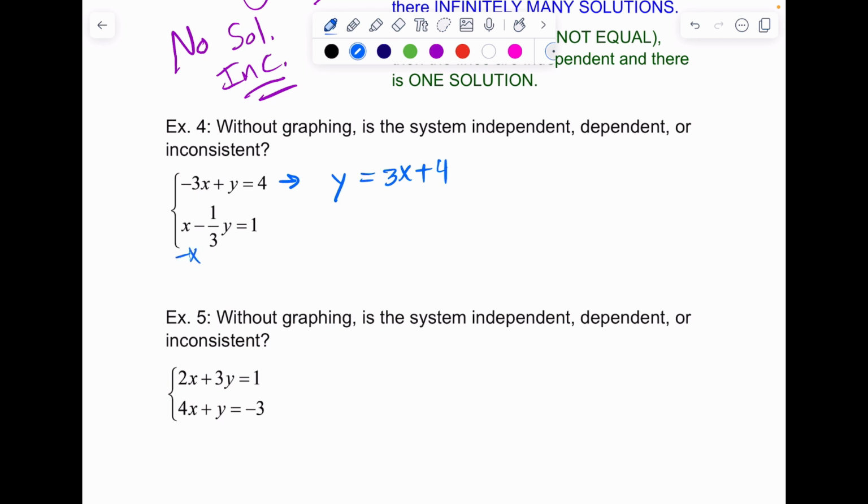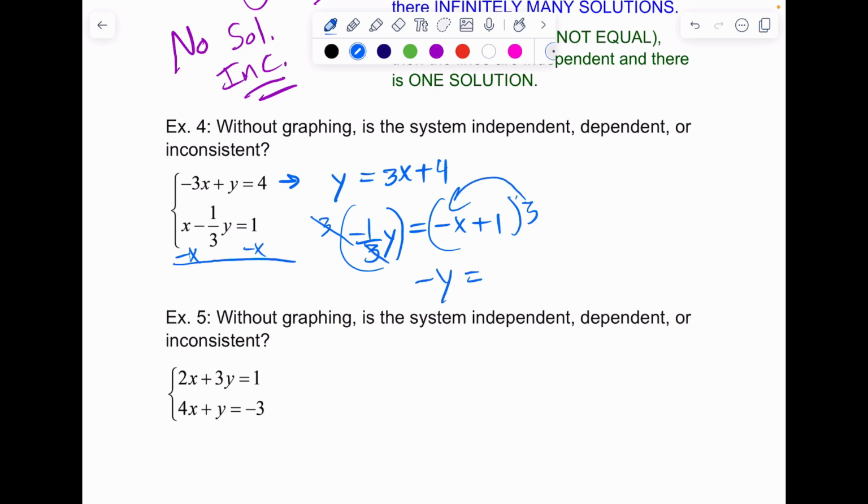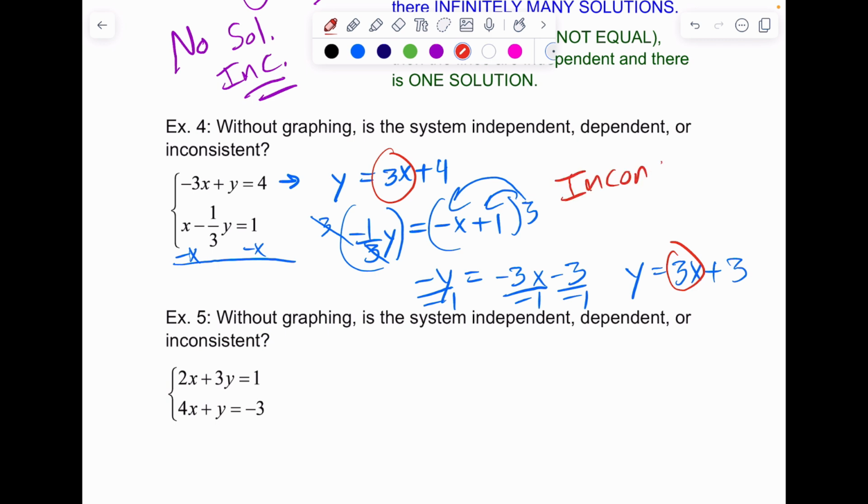If you remember, you can get rid of the denominator anytime when you're solving by simply multiplying that denominator to every single value on both sides of the equation. Then we divide by that -1. So y equals 3x plus 3. In this case, we have the same slopes of 3, different y-intercepts. So this would actually be no solution. This would be inconsistent.